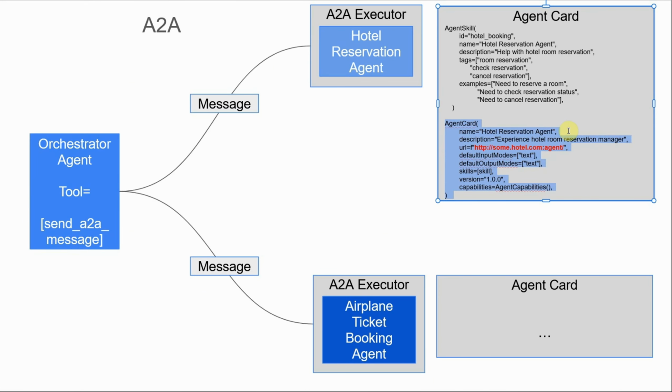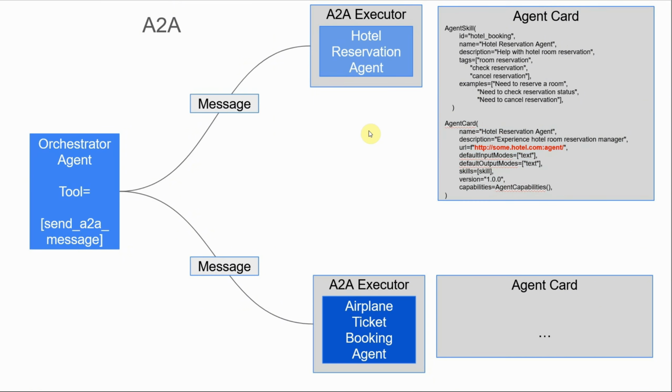And I think this is the main advantage of the A2A protocol. On the other hand, we will have to create the A2A executors to wrap the particular agent. We will have to deploy the agent as web servers, and now these agents are becoming only A2A compatible. We cannot connect those agents using other protocols or in other different ways.